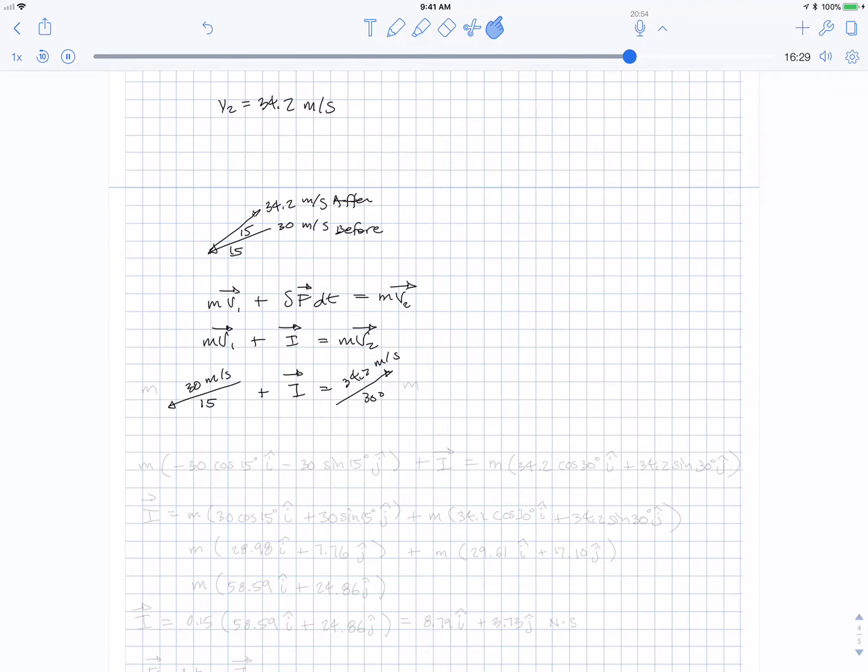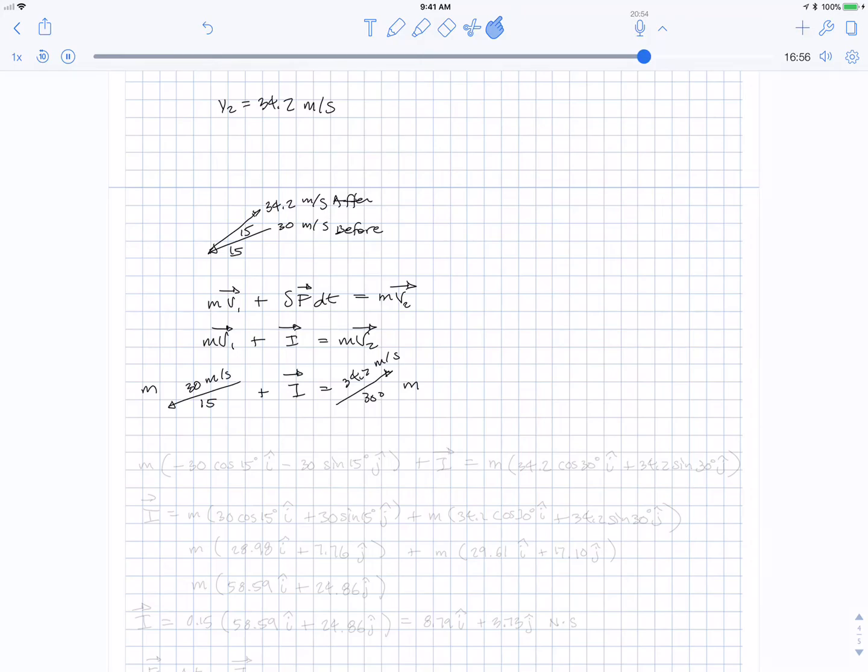And so we need to solve for I, the impulse. And so this is now complicated enough where I don't think I'm going to draw triangles and do law of sines and law of cosines. What I'm going to do instead is I'm going to break this down into its vector form. Oh, and this is times the mass and times the mass.